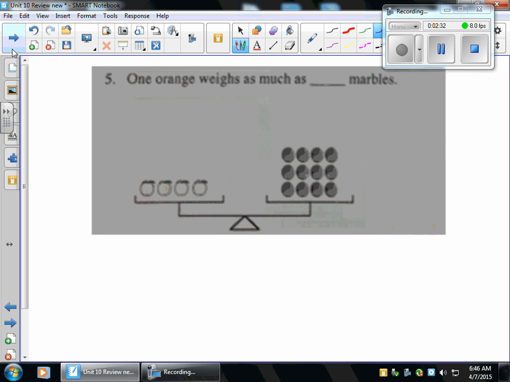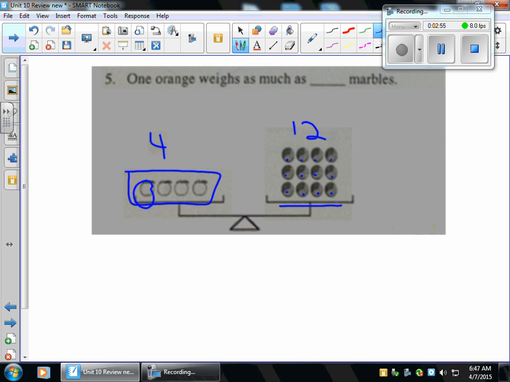1 orange weighs how many marbles? Well, I have 4 oranges here. Can I cross off any oranges over here? I can't. So with the 4 oranges, I have how many marbles? I've got 12 marbles, which means I'm going to have to take 12 and divide it by 4.